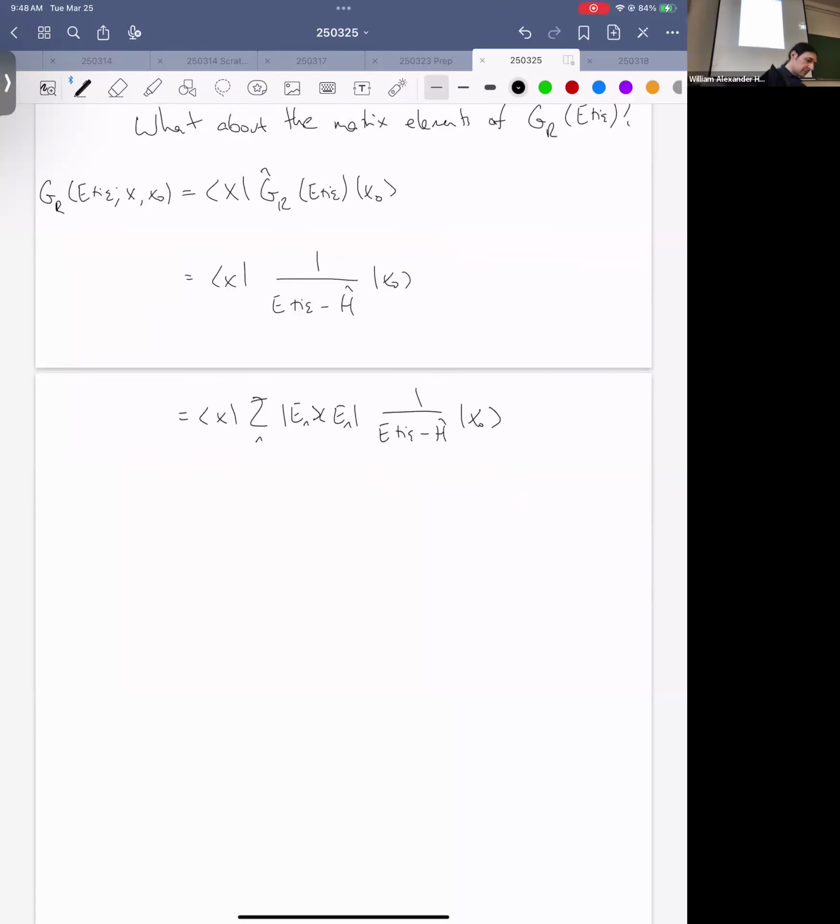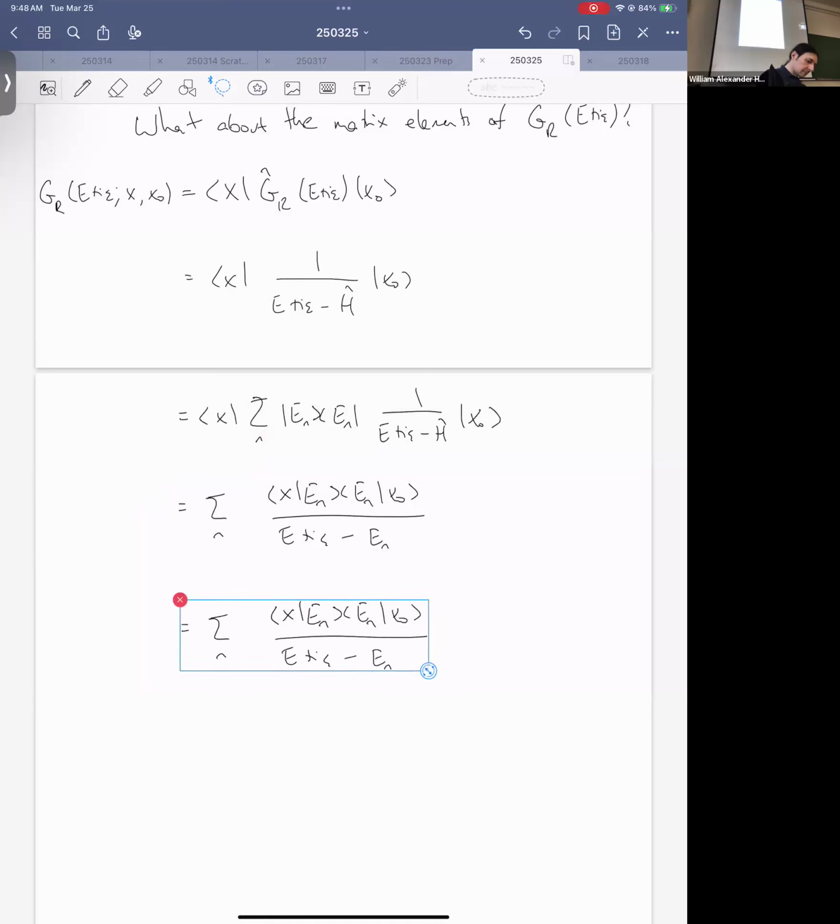So this is therefore going to be a sum over n of <x|E_n><E_n|x0> over (E plus i epsilon minus E_n). And what's the numerator?